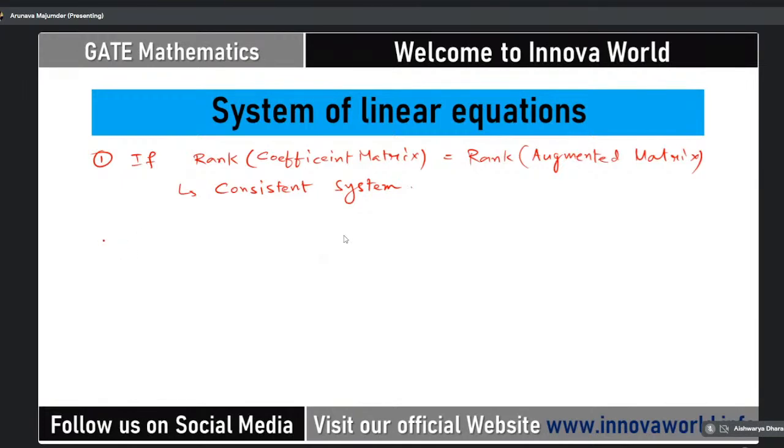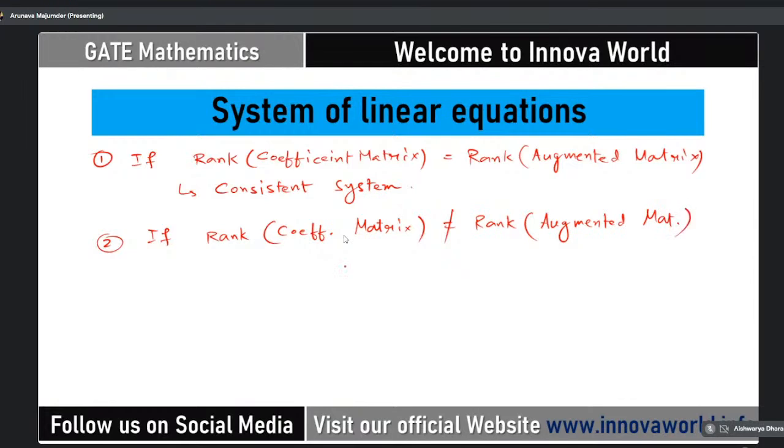The second rule is, if the rank of the coefficient matrix is not equal to the rank of the augmented matrix, then this system is called inconsistent.